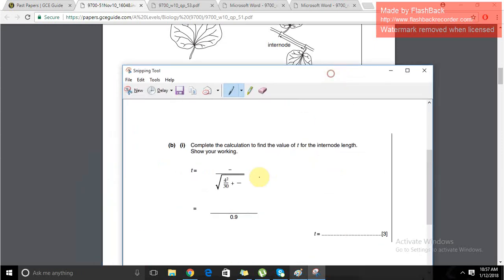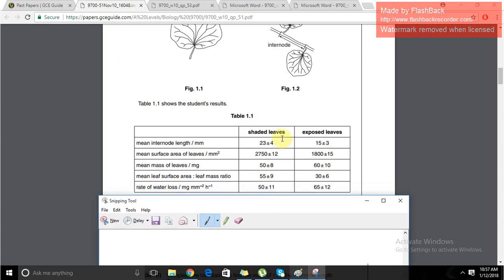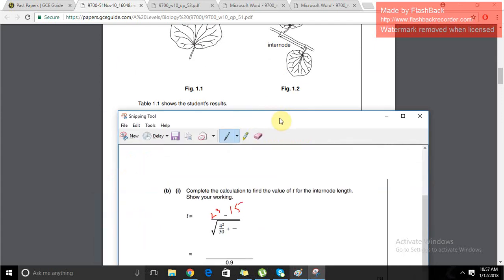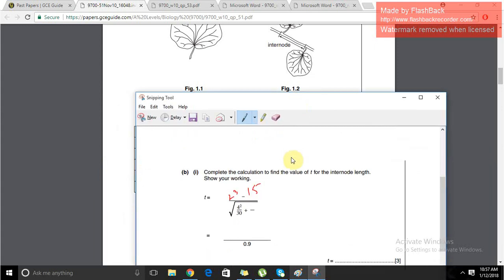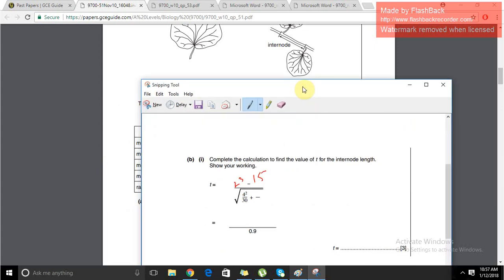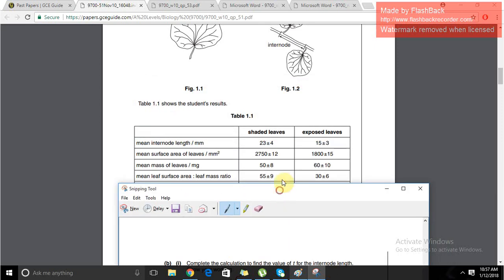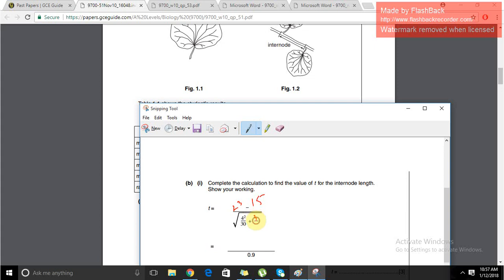Then 4 squared divided by 30, because 4 is the standard deviation and 30 is the sample size, and to that we add 3 squared divided by 30, because 3 is the standard deviation of the second one. When we add these up and take the square root, we get 0.9, and 23 minus 15 gives 8, so 8 divided by 0.9.